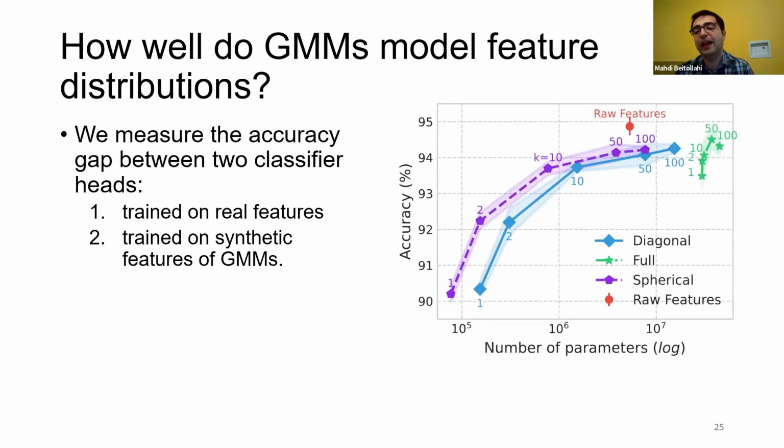We showed that full GMMs are not communication efficient, but diagonal and spherical GMMs with 10 to 50 mixtures give us a very competitive edge towards raw features. And it shows that, yes, features extracted from the pre-trained foundation models do resemble a Gaussian, but not a perfect Gaussian.